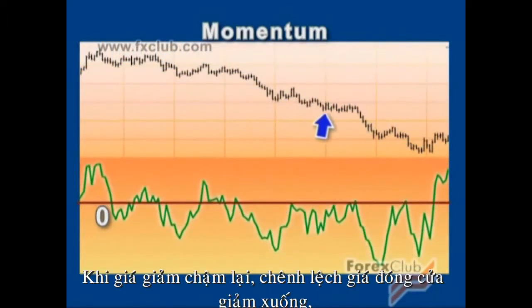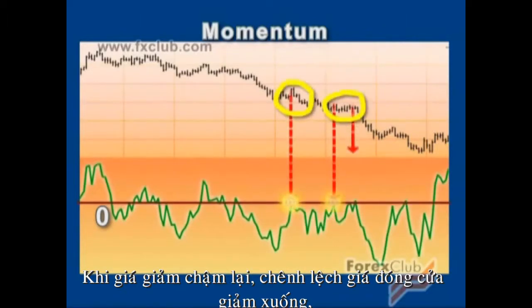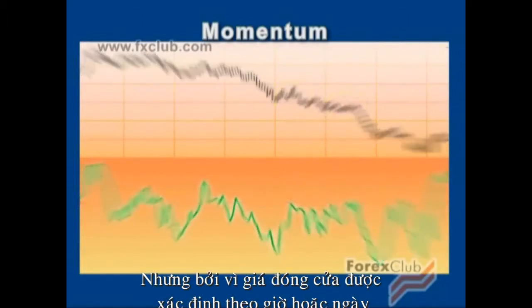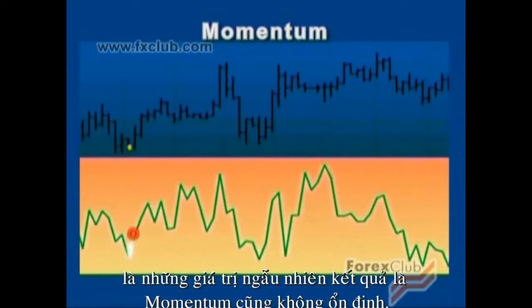As the fall in price slows down, the difference in closing prices decreases and momentum tends towards zero. But because closing prices of each separate hour or day are relatively random values, momentum is rather volatile.